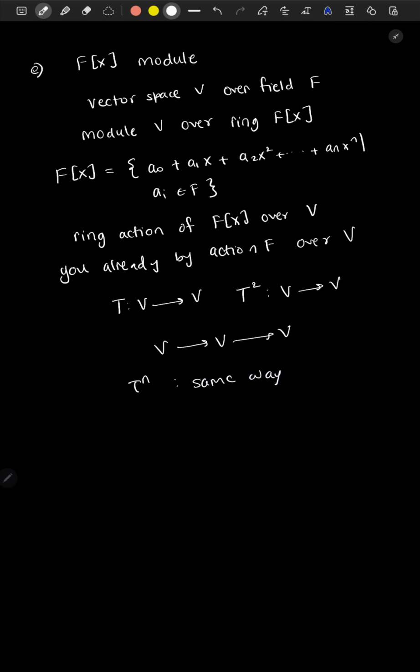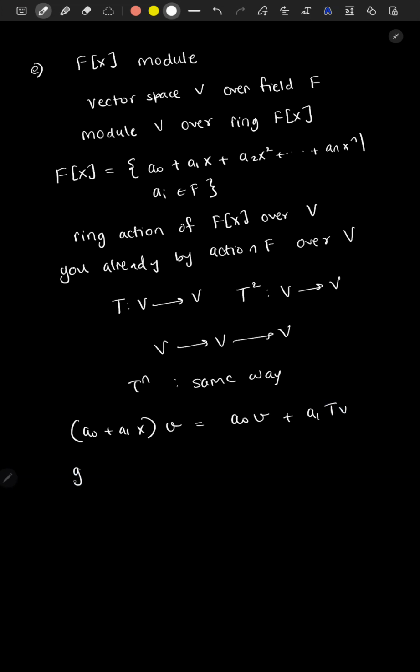So given a linear operator, you can define its square, cube, etc. To define the action, if I want to act a0 plus a1x on an element v, I'll first act a0 on v, which is the usual action, and then I'll replace x with T and then apply.